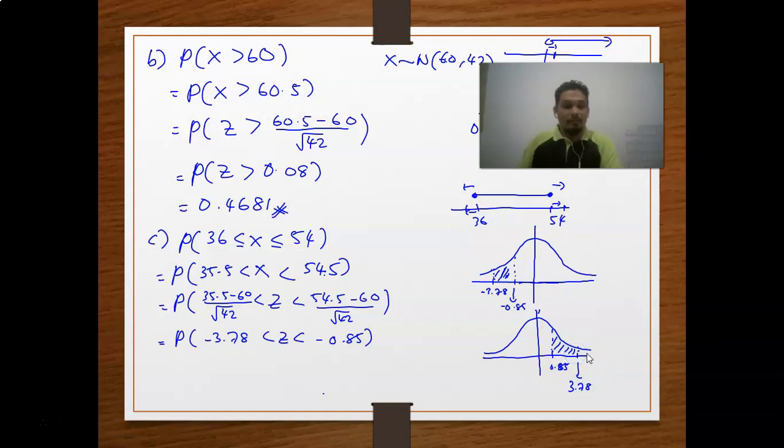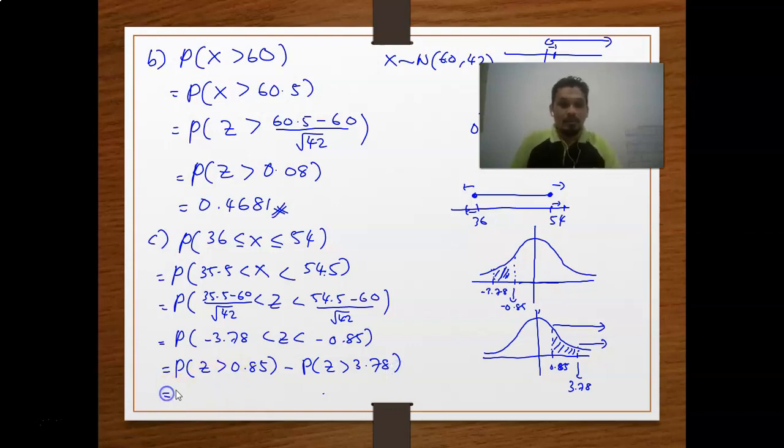Okay, from this statistical book we can only find the probabilities for z greater than or equal. So class, this is probability of z greater than 0.85 minus the result of z greater than 3.78.